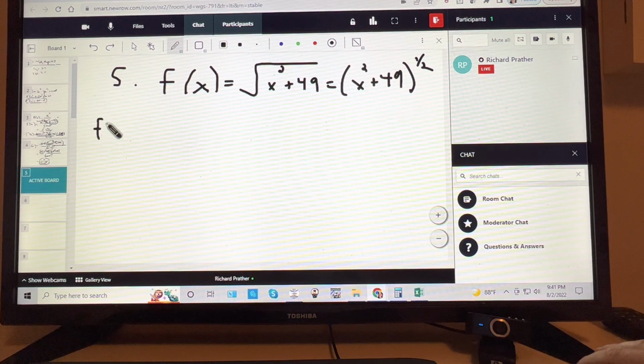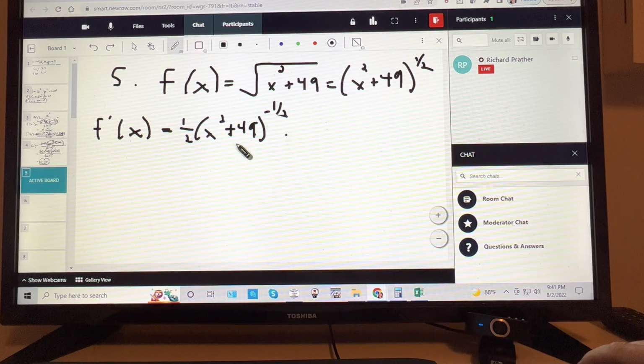So the first derivative, chain rule, you do the 1/2 times the base, decrease the exponent by 1, which would make it negative 1/2, times the derivative of the inside, which would be 2x. And this 2 can cancel that 2.